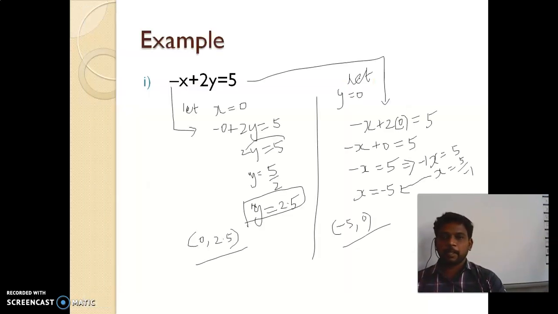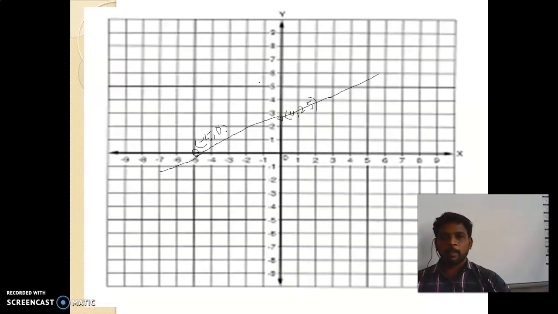What is the equation here? Minus x plus 2y equal to 5. So just write it on the line: minus x plus 2y equal to 5. Right? So this is the procedure to draw the graph for a linear equation.